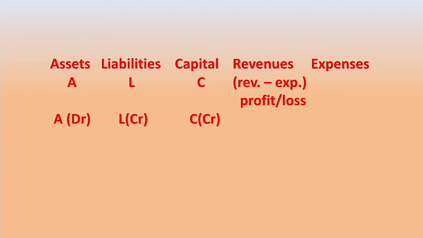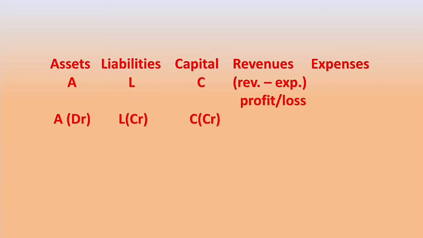But accounts of liabilities will show a credit balance. Whenever we are incurring a liability, we are crediting the liability account. As per the rule, liabilities increase, credit. Therefore, accounts of liabilities will always show a credit balance. Capital is also a liability and it will also show a credit balance.